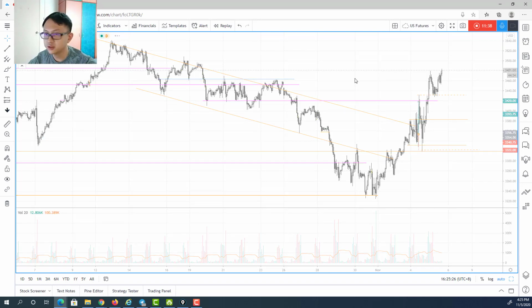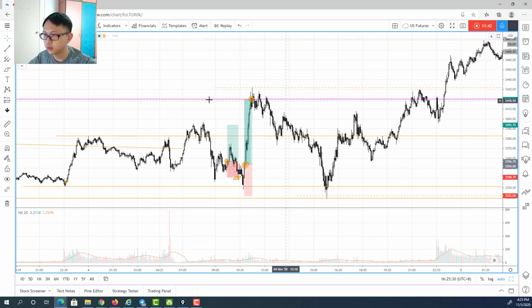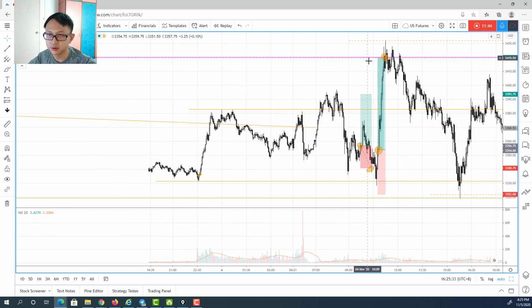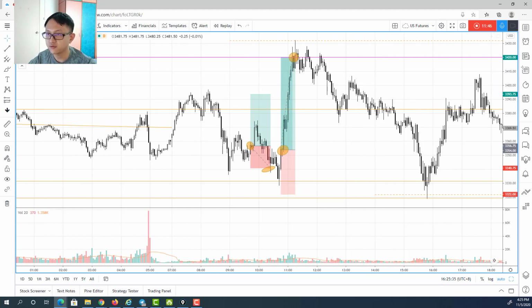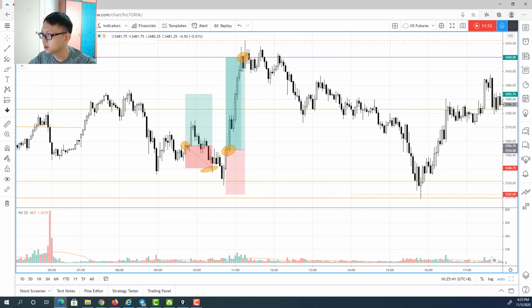If we base on that alone, then we can definitely spot some trading opportunities around there, because right after the price bumps into the resistance zone, this will be the resistance zone.